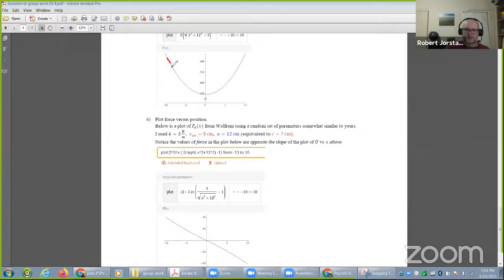If I have a large negative slope, I have a large positive force. 0 slope, 0 force. Large positive slope, large negative force. You pull it to the right, the force is to the left. You pull it to the left, the force is to the right. It looks good. And that's kind of what I was hoping you would do.